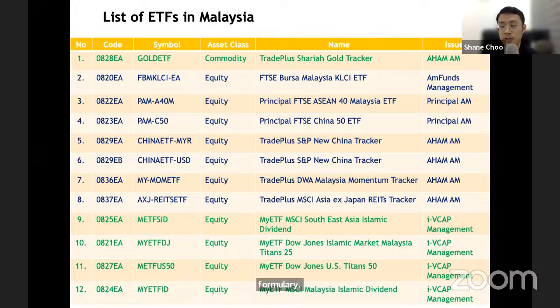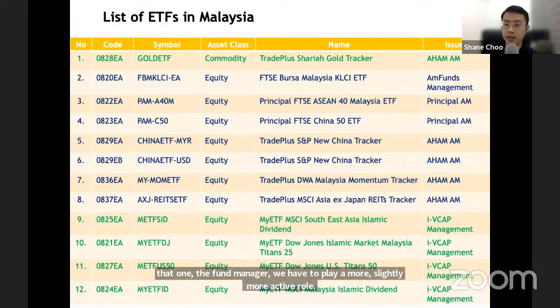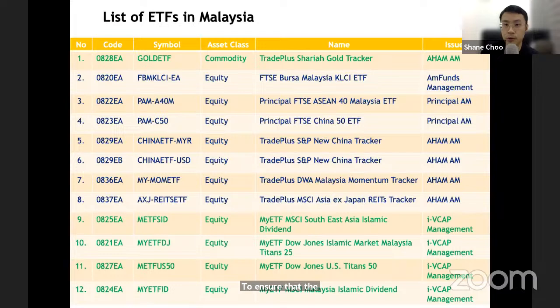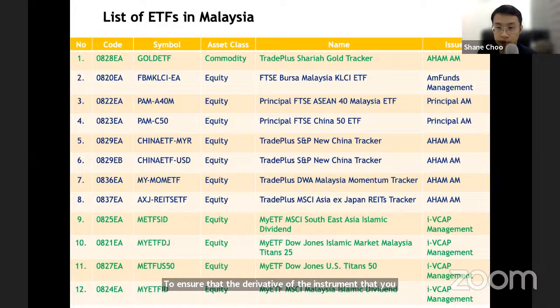But for synthetic replication, that's when some markets are not easy to have access to. For example, the China market, right? It's not easy to have access to. So sometimes they have to use certain instruments to replicate the index. In that case, the fund manager will have to play a slightly more active role to ensure that the derivative or the instrument they use will deliver performance that mirrors the benchmark return.